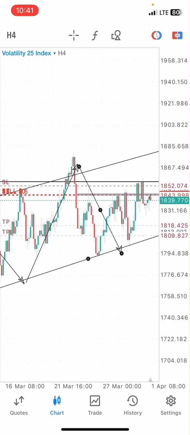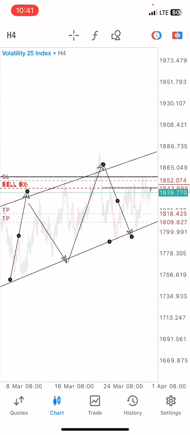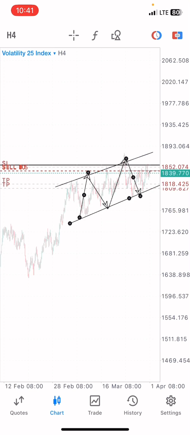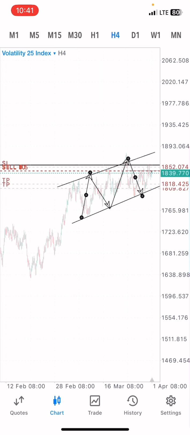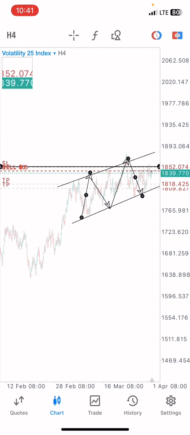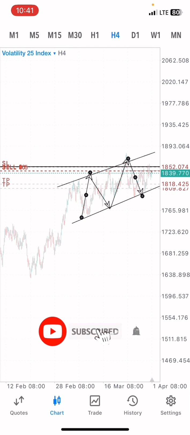When price got to this point, it approached a key level of resistance, which I was able to identify with this tool.